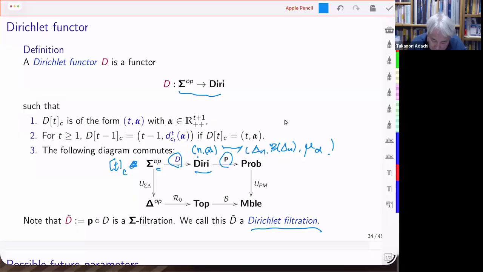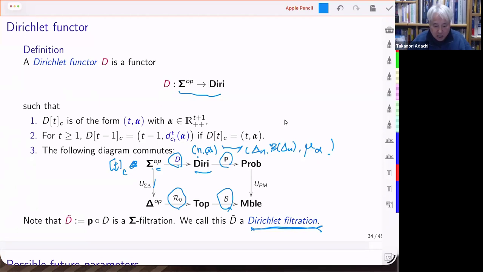And then there is also a forgetful functor here, which is the standard realization, and this is just the bare Borel functor. Making this diagram commute, we call this a Dirichlet filtration. So a Dirichlet filtration is a T filtration, or sigma filtration, but one that especially defines its probability measure by Dirichlet distributions.